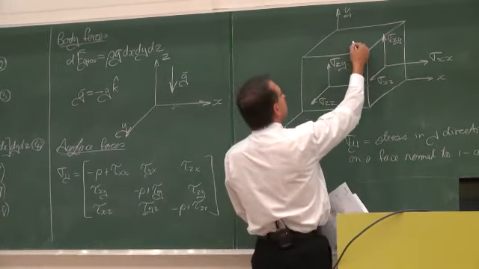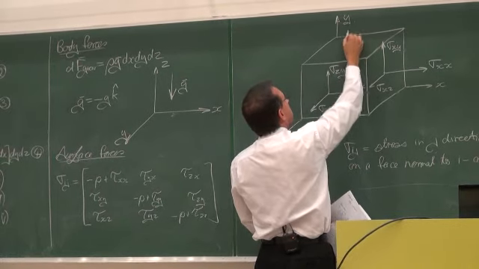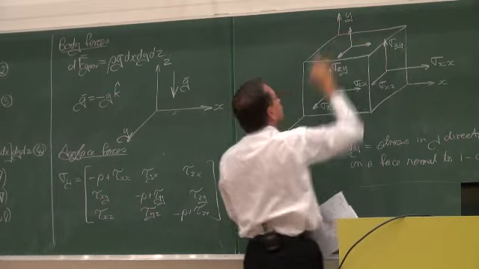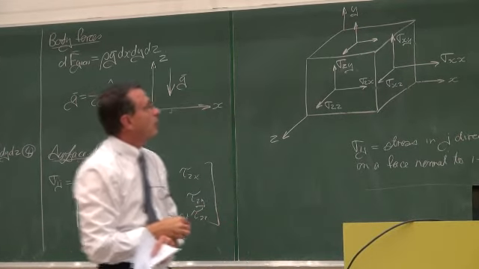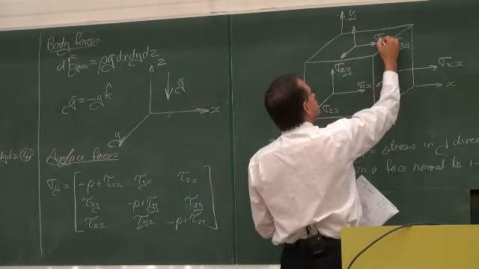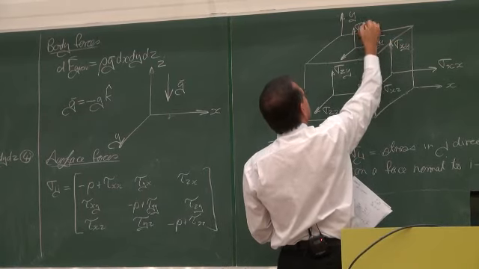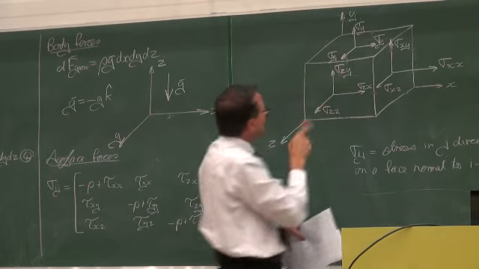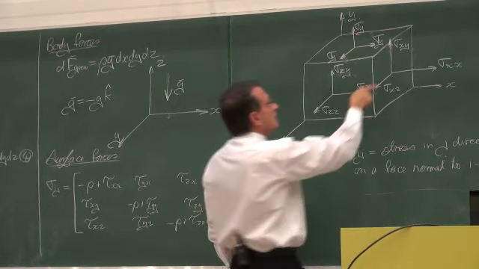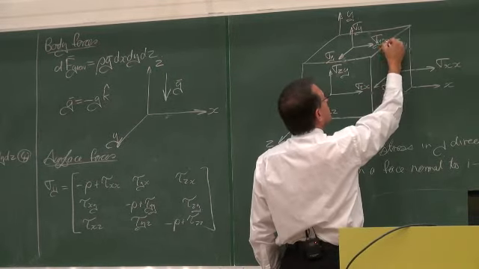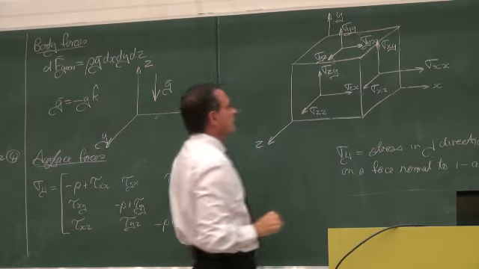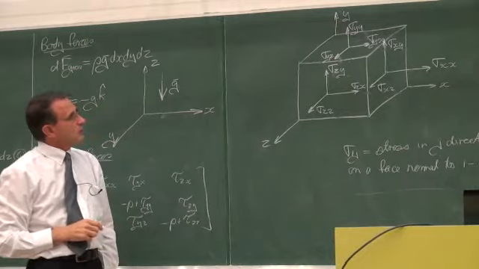This face is normal to which axis? The y one. So the first one is going to be y, and the second one gives us the direction. That one is in the x direction, that one is in the y direction, and that one is in the z direction.